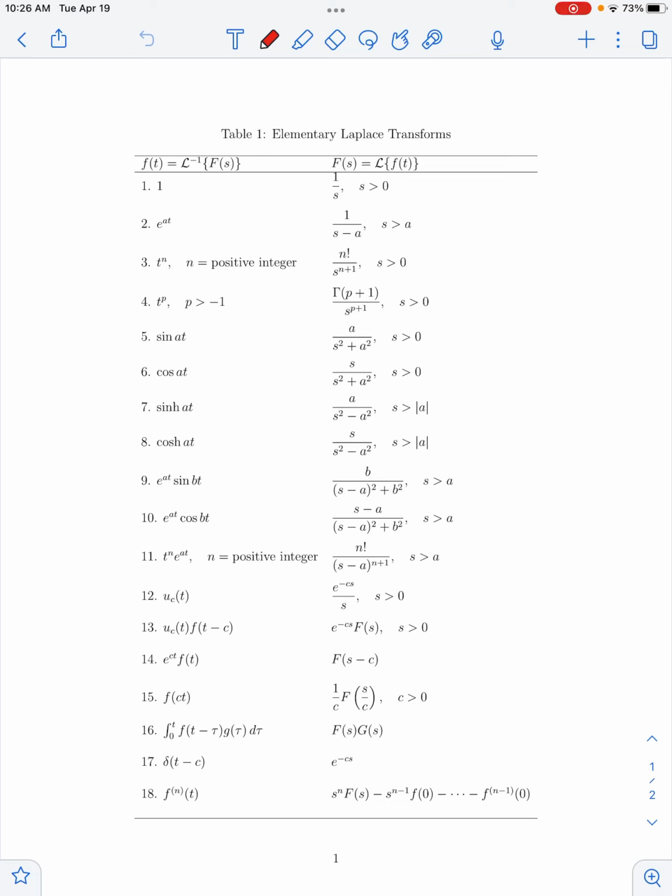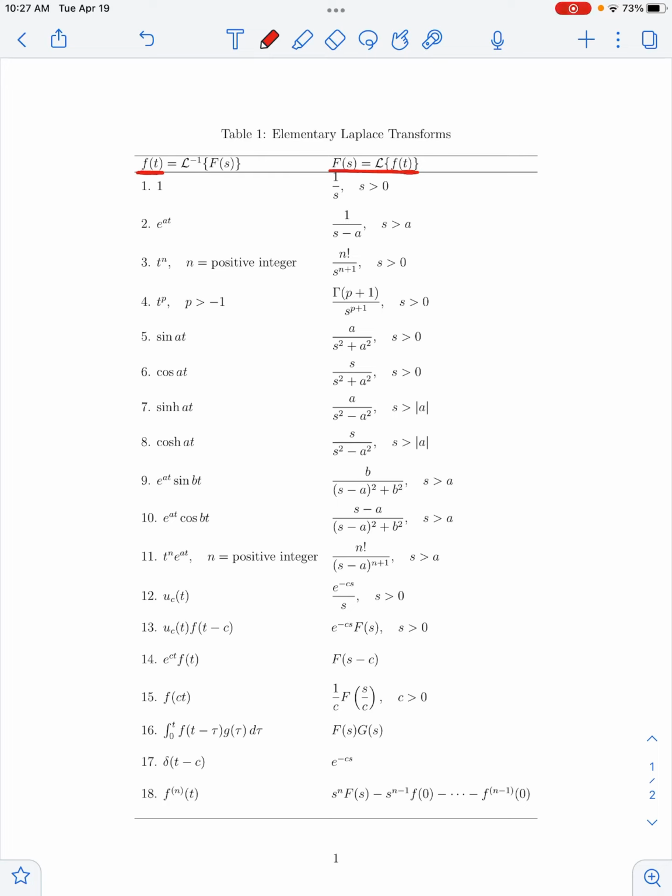And the way that this table is organized, it's divided into two columns. Our left-hand column gives us a function little f of t, and the right-hand column gives us the Laplace transform of that function, which we call capital F of s. So some of these properties we've already established in section 6.1.